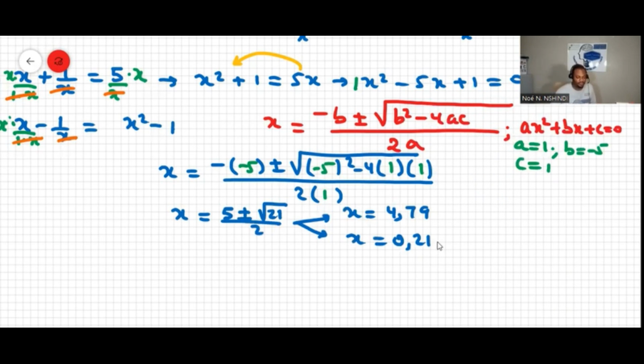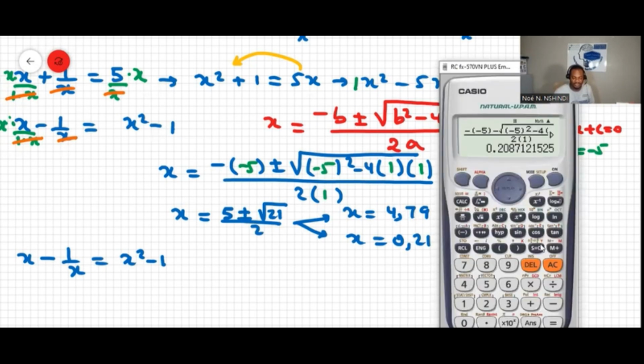Now, over here we have x minus 1 over x equal to x squared minus 1. These are the values of x, so we can just raise this to the power of 2.